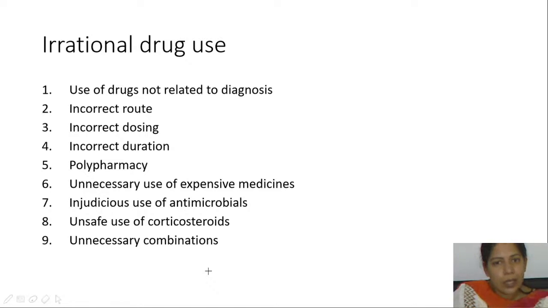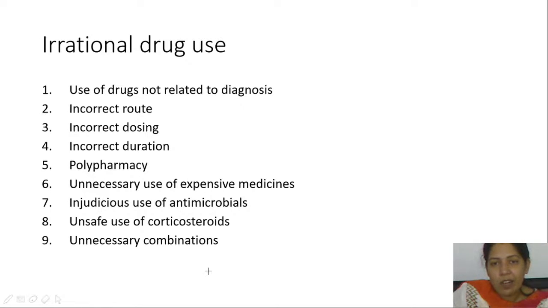Or you use an incorrect route of administration. You give some drug orally when it is not absorbed. It gets degraded in the intestines. Or you give an incorrect dose or incorrect duration is used.